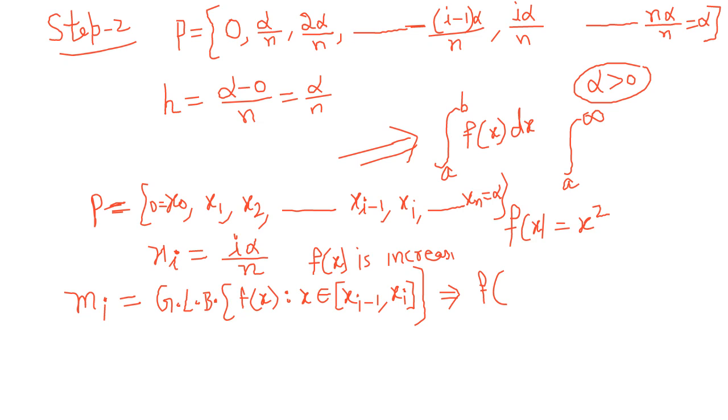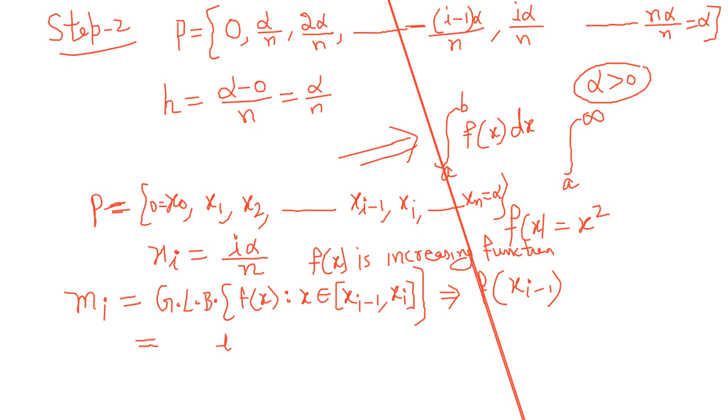If f of x is increasing, then we are finding the GLB at x i minus 1. So it is i minus 1 alpha upon n, whole square.